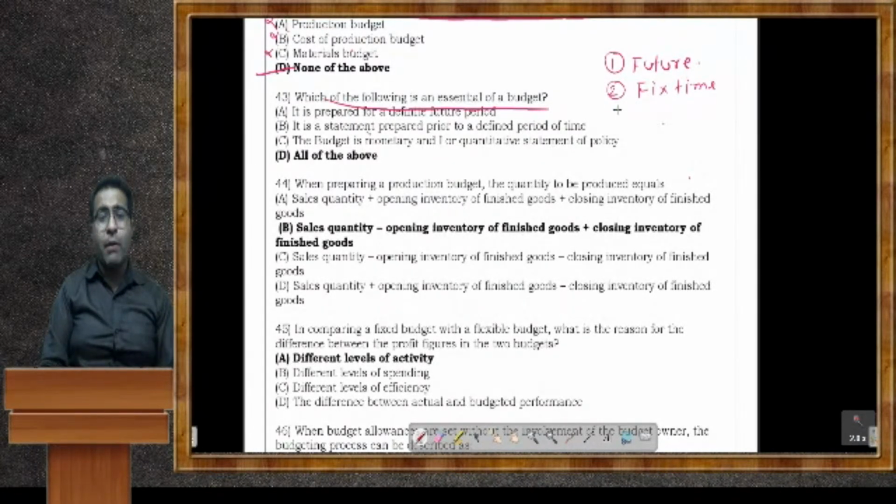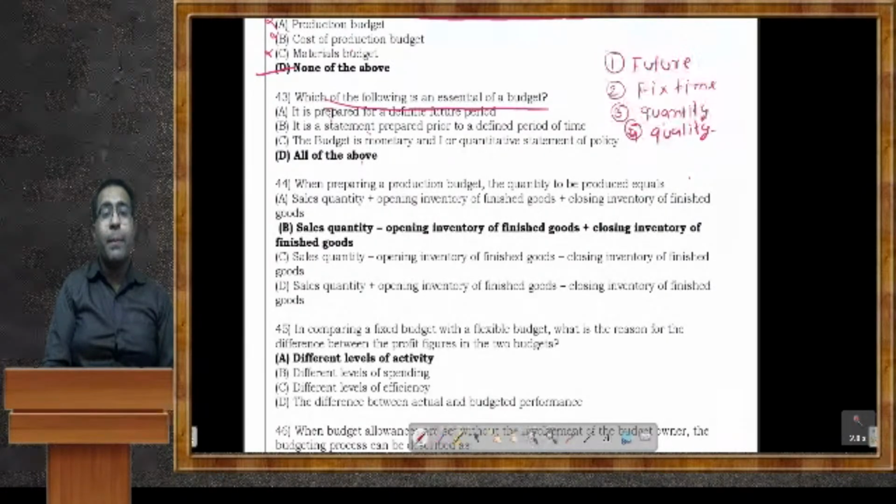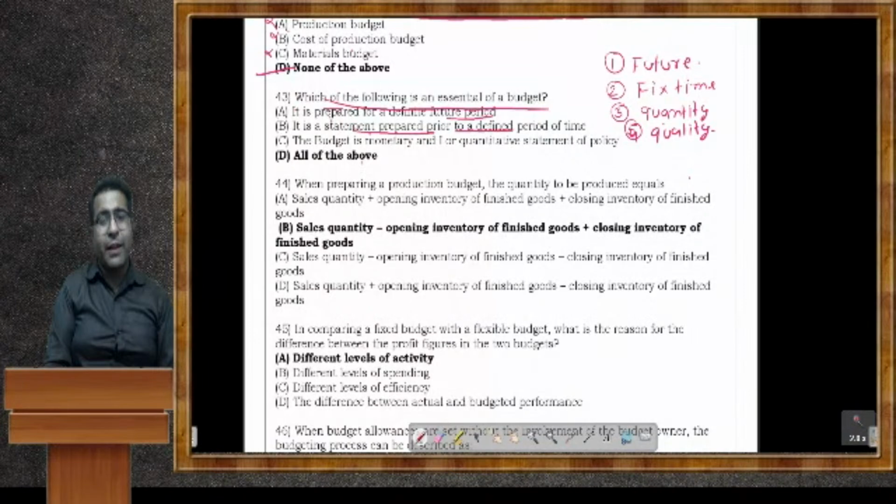And a proper statement must be prepared either quantity wise or quality wise. These things must be in a budget when we are preparing any type of budget. It is prepared for a definite future period. Yes, it is a statement prepared prior to a defined period of time. Right. This budget is monetary and quantitative as well as qualitative. Yes. So the right answer is all of the above. Okay.